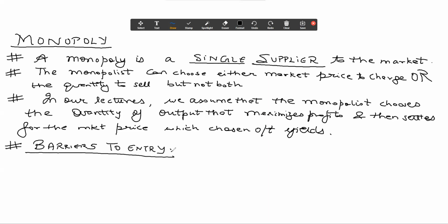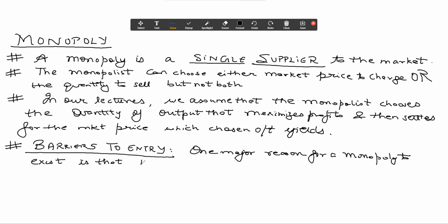One major reason for a monopoly to exist is that other firms find it unprofitable to enter the market.